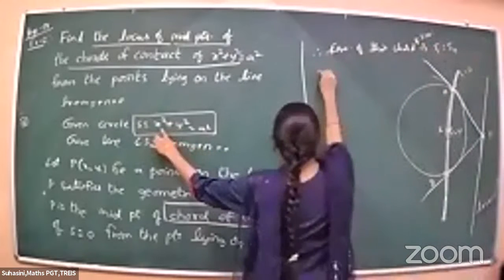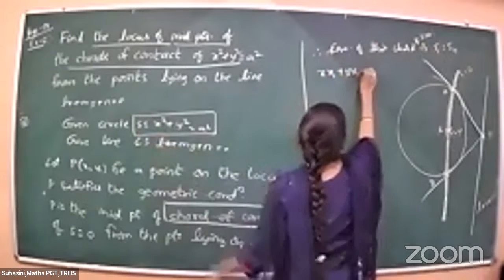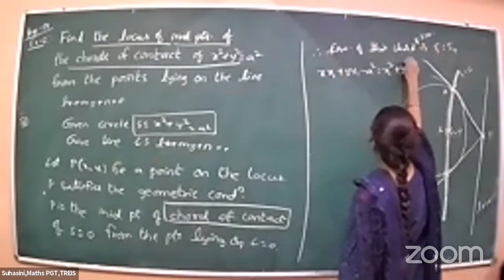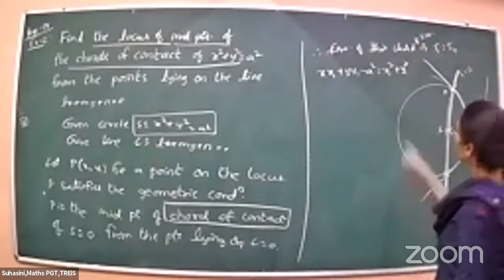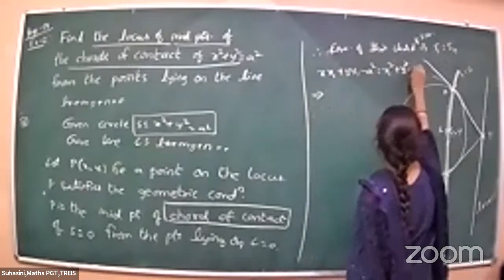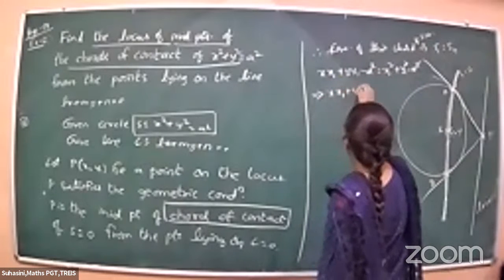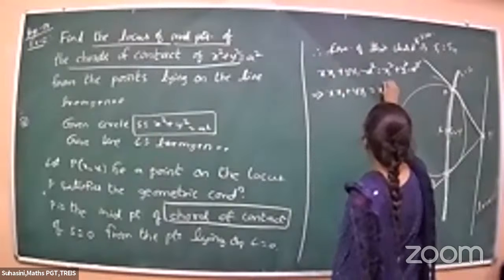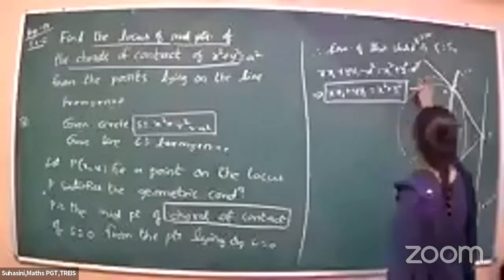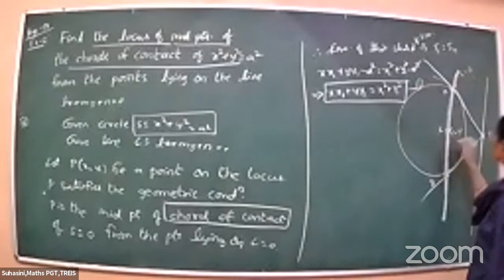What is S1, children? x x1 plus y y1 minus a square is equal to x1 square plus y1 square minus a square. Now rearranging the terms, minus a square and minus a square get cancelled. So it is x x1 plus y y1 is equal to x1 square plus y1 square. Now we got this equation. This is the polar of P.